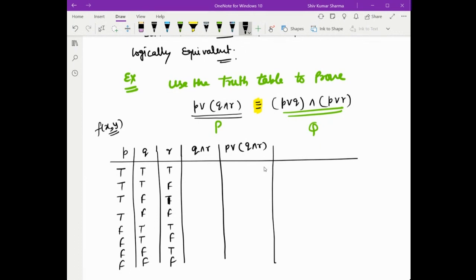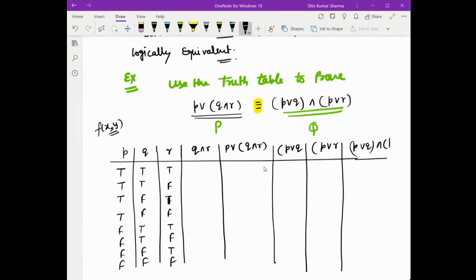Now for the RHS part, first we calculate P or Q in one column, next P or R, and in the last column we calculate the complete capital Q, that is (P or Q) and (P or R).